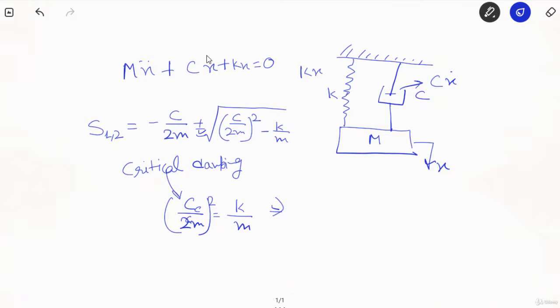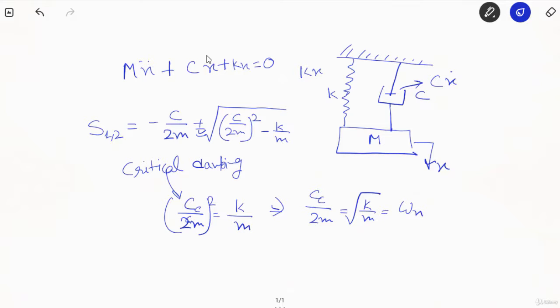We will talk about its importance a little later. So cc divided by 2m will come out as under root k upon m, which is the formula of natural frequency. So here we can get a formula for our critical damping, right?